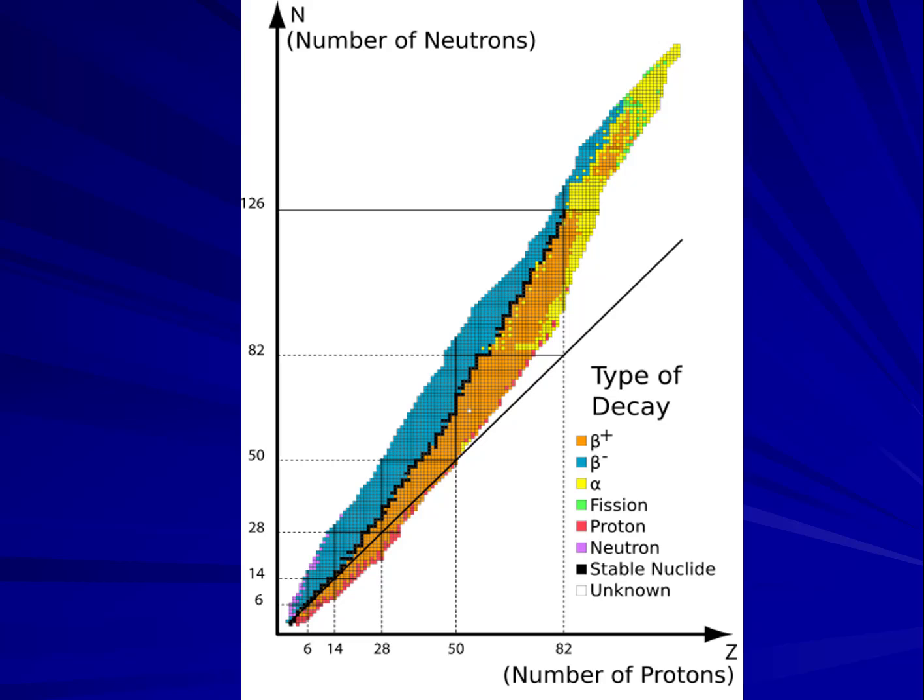Okay? Things below the line tend to do positron emission because they have too many protons, not enough neutrons. So if you want to turn a proton into a neutron, you get rid of the positron, and your ratio is closer to what you want it to be, closer to a stable ratio.